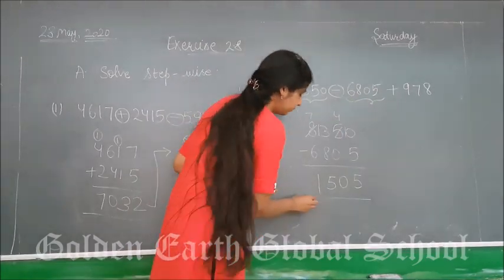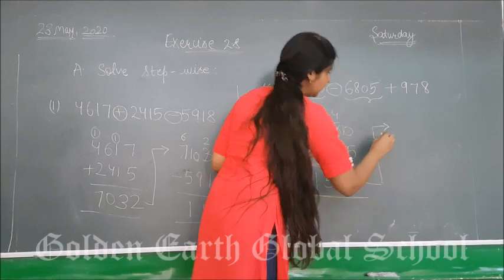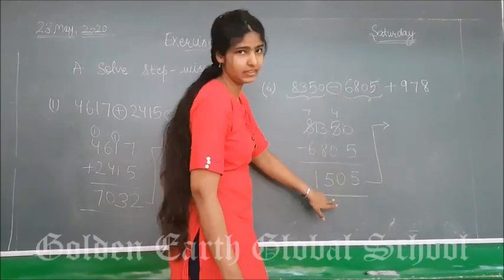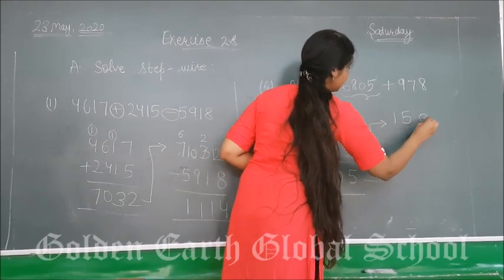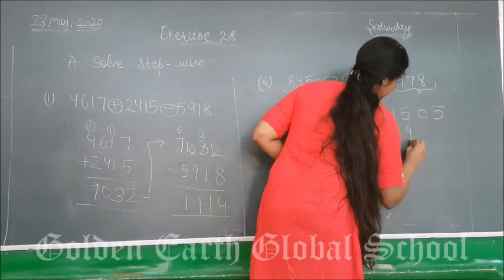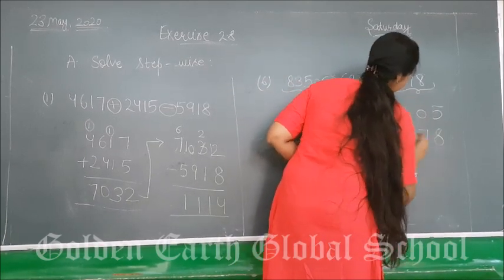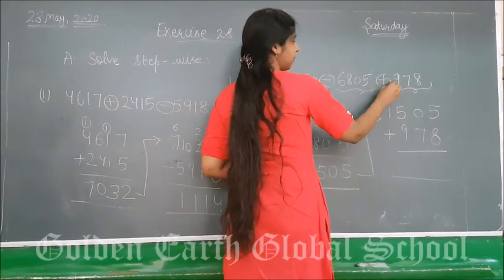Now the number we get, we have to add the third number in this result. So what we have the number? 1505. And we have to add the third number, that is 978. Here we have the sign of plus.